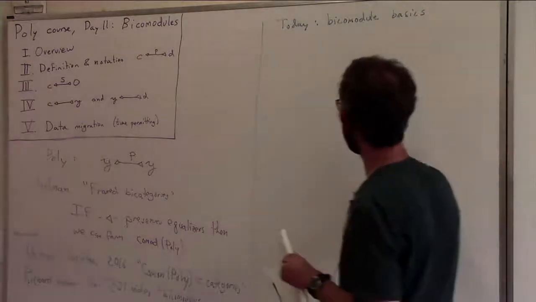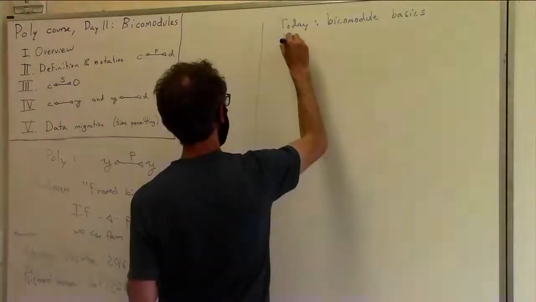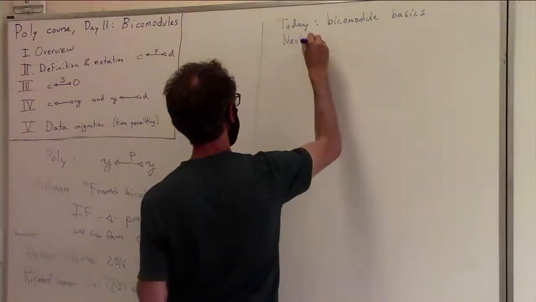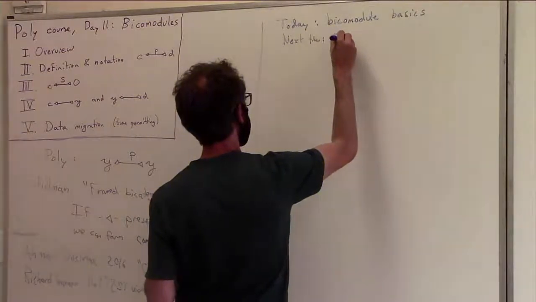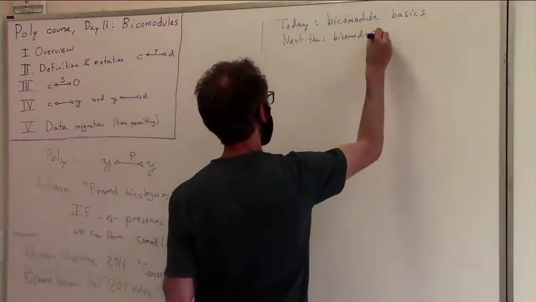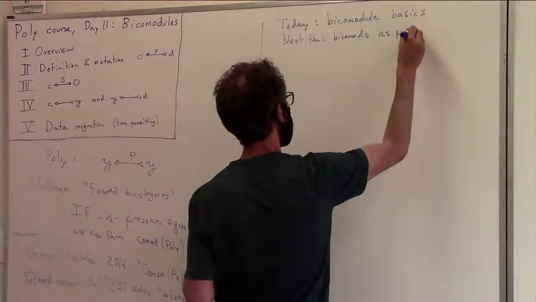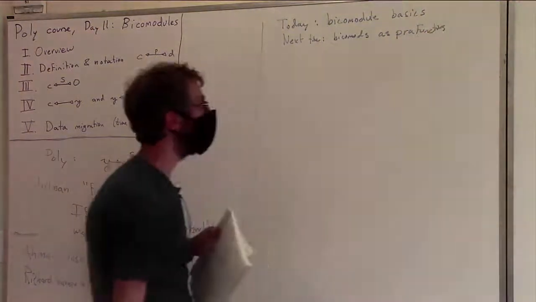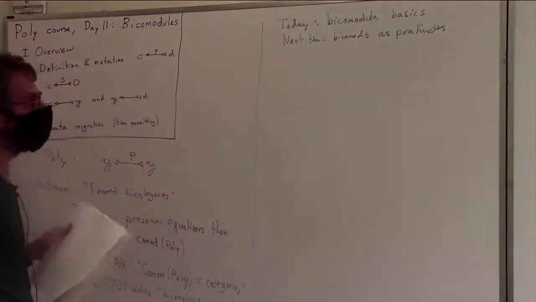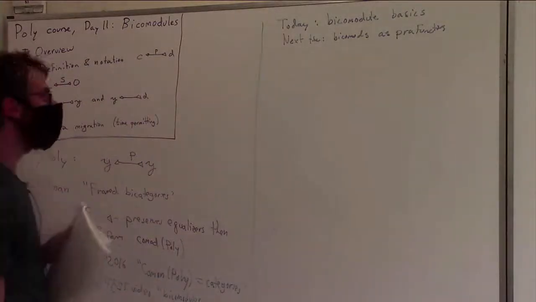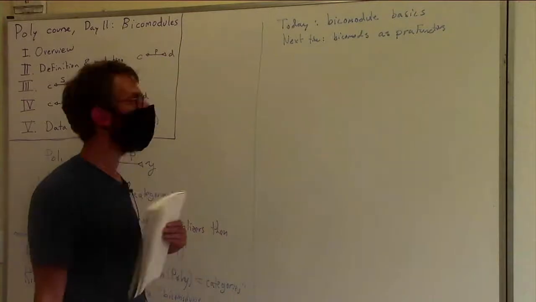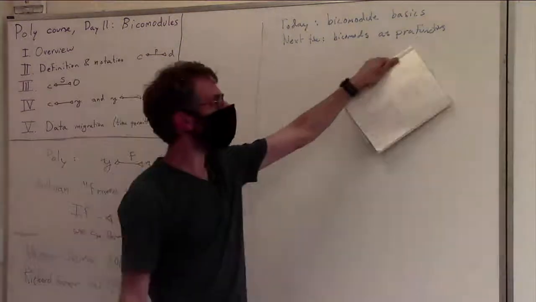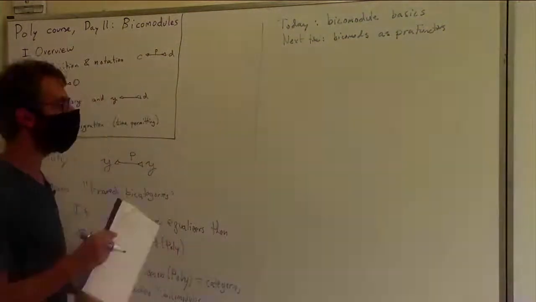Next time, Nelson will tell us about bicomodules as functors with a special property called being a parametric right adjoint. It sounds like it's a good kind of right adjoint, but it's actually a bad kind of right adjoint. It's almost a right adjoint. So prof functors are almost right adjoints. So that's what Nelson will talk about.